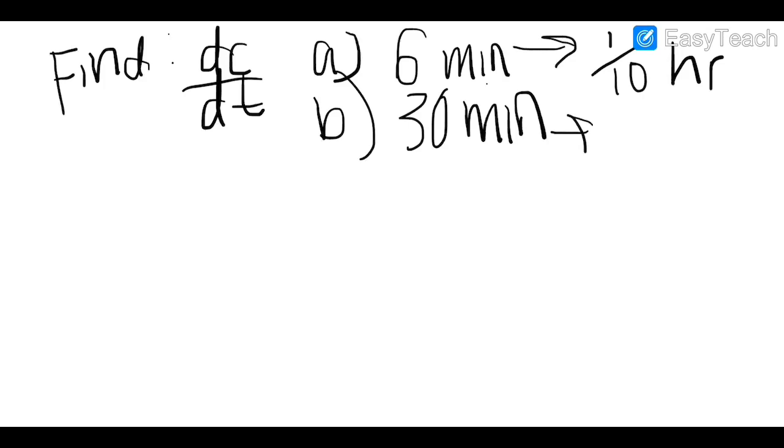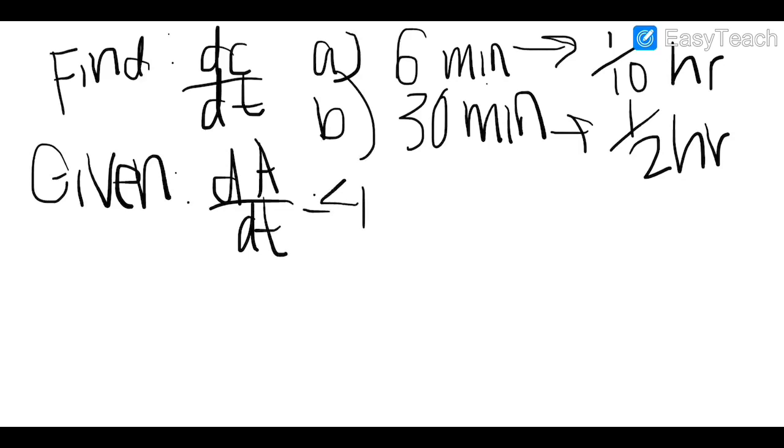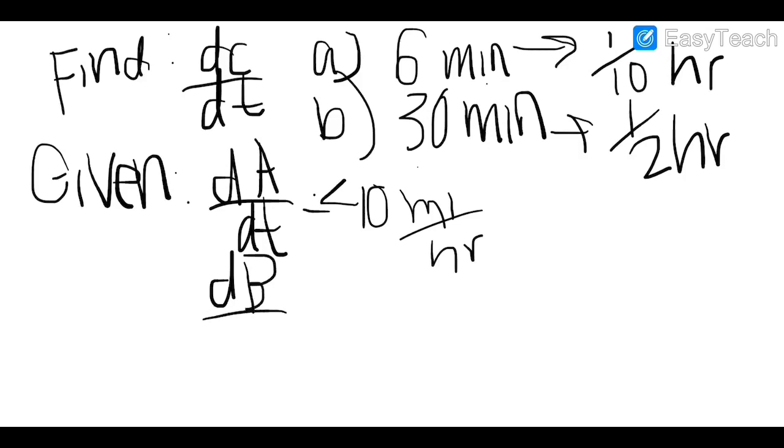And then doing the same thing with the next, which we already know is a half an hour. So now we're going to go through our givens. And really the only things we're given is what we've already been over, which is dA/dt, which is 40 miles per hour, and then dB/dt, which is 30 miles per hour.